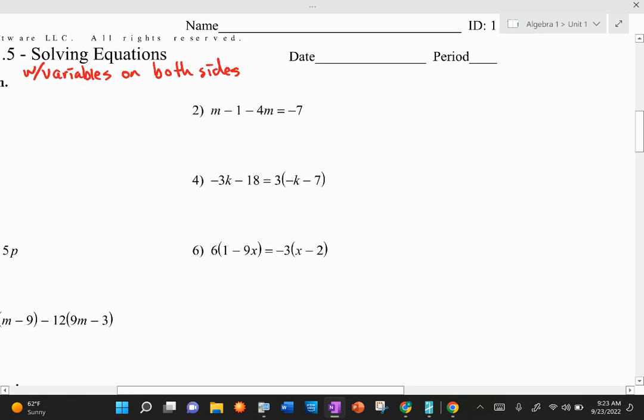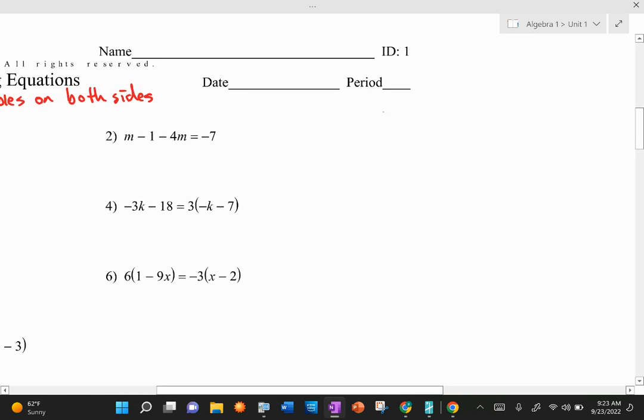You can write it where you need to, but I'm just going to make a couple notes. Our first step needs to be identifying the variable. And what I mean by that is, where is it? And what is it?